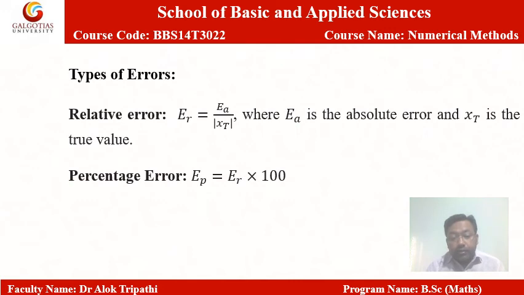And if this relative error is multiplied by 100, then we'll get the percentage error. These three, absolute, relative and percentage error, will be frequently used in our subject.